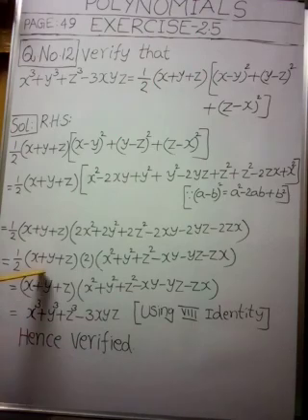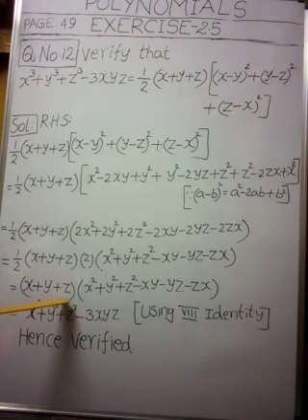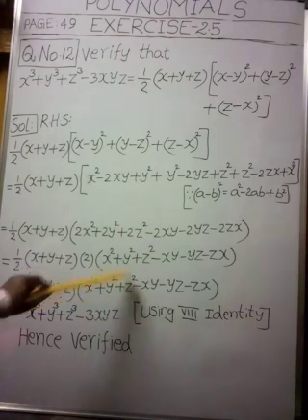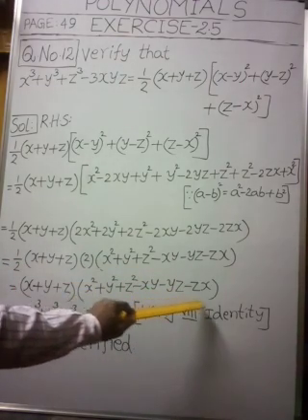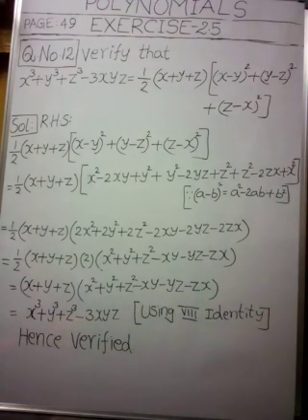What is left here is x plus y plus z into x square plus y square plus z square minus xy minus yz minus zx. Okay, my children, understood this step?